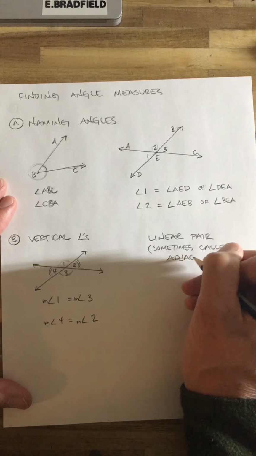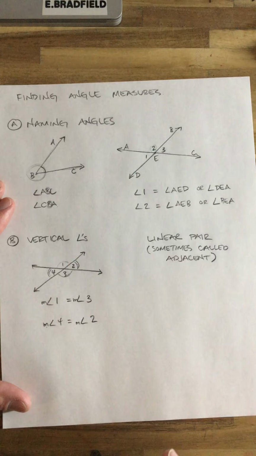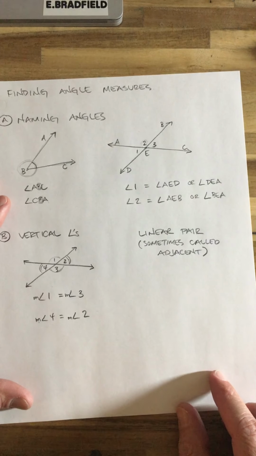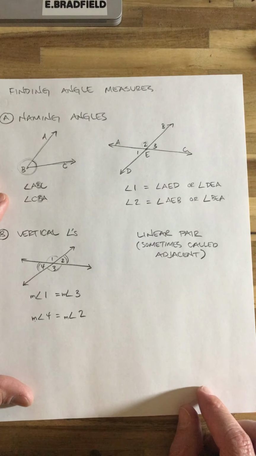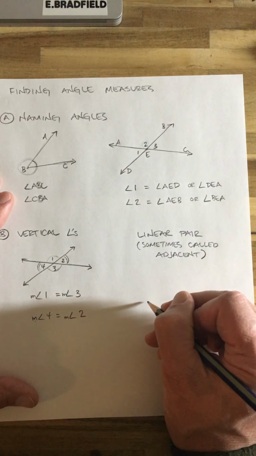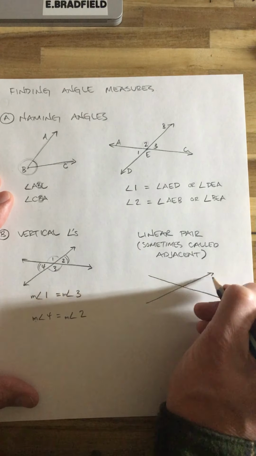Sometimes they're called adjacent angles. In the homework that you're going to have today, you might see linear pair or adjacent angles, okay? And here are examples of linear pair or adjacent angles, okay?